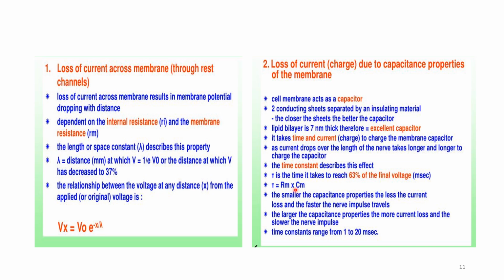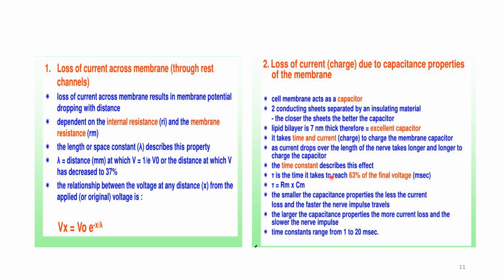So if the length of nerve is like this, at the starting point, that is at which you have given the stimulus, at that point we can charge the capacitor very fast. If you go away from the depolarization site, it takes longer time to charge the capacitor.